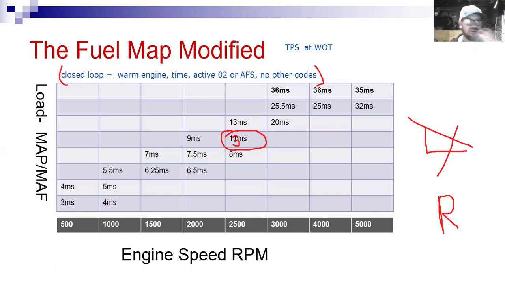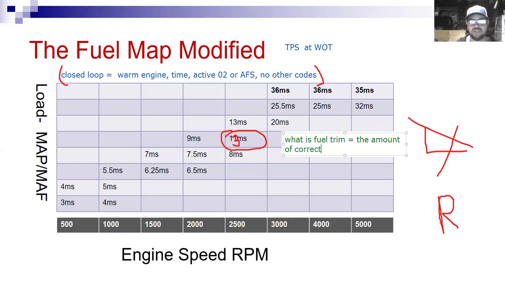What all of this background information has been trying to get to, the question is, what is fuel trim? Well, fuel trim is the amount of correction, meaning that if I had to modify what was programmed in that base map, if I went from 11 milliseconds to 3 milliseconds, well, how much did I have to modify it?